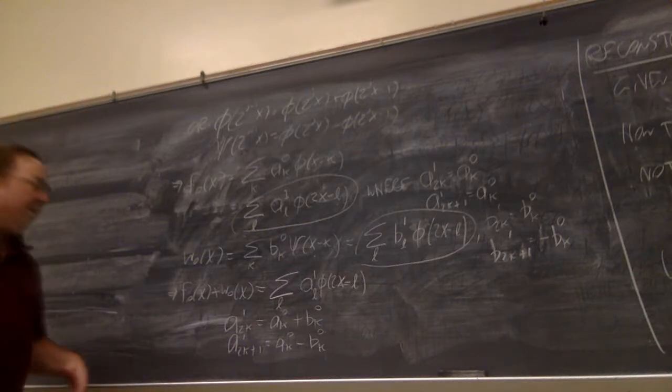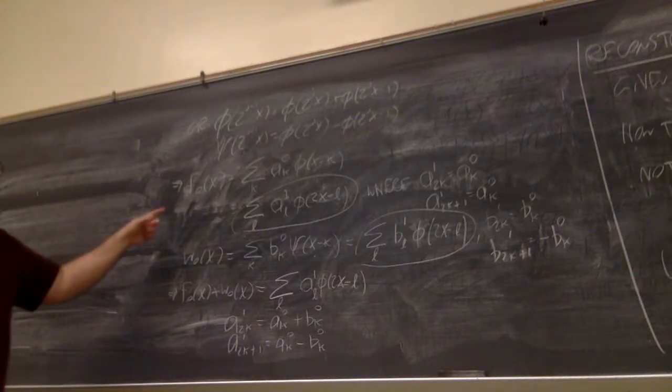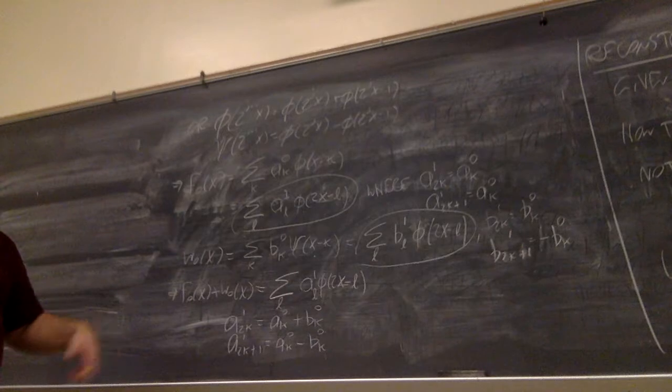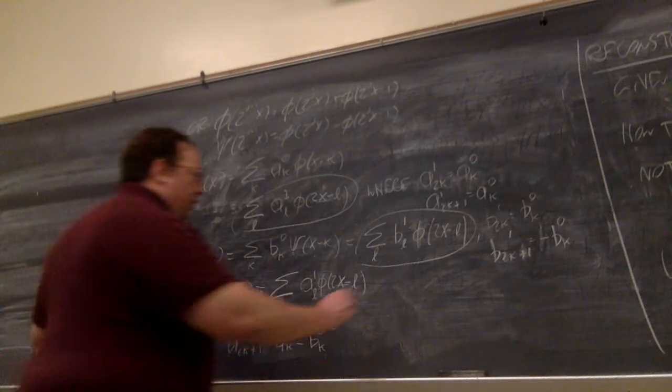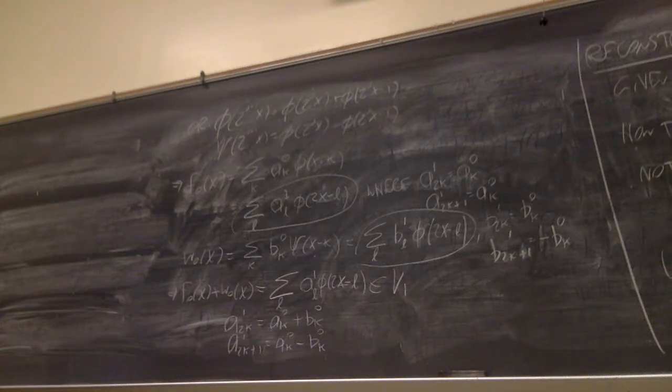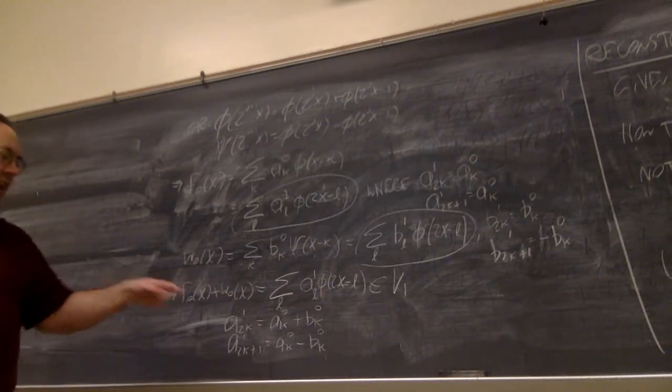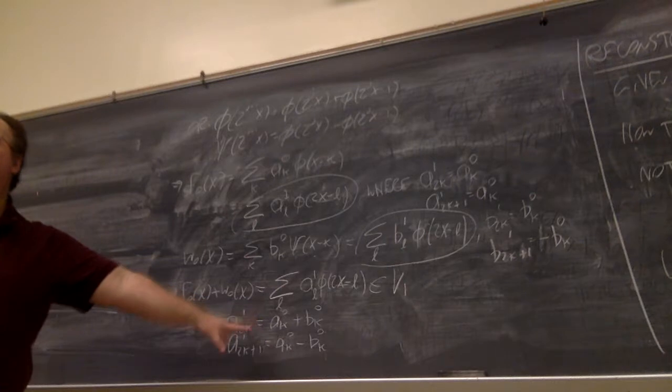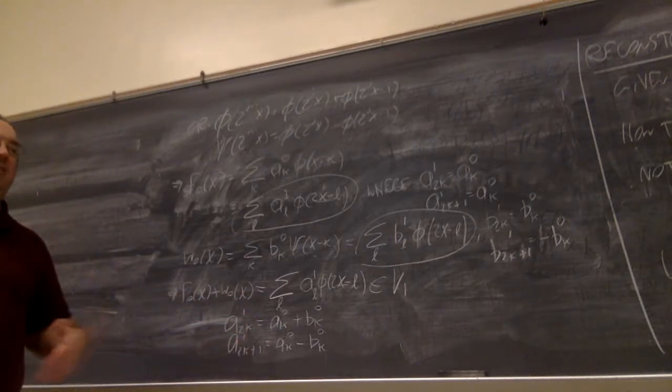And so I showed you here how you tack on W naught to F naught, and now we have something that belongs to V1. So then I would add on W1 in the same fashion, combining the coefficients exactly the same way to get something in V2.